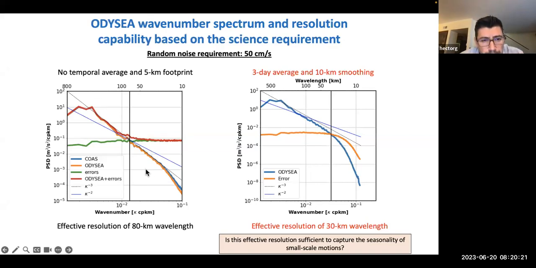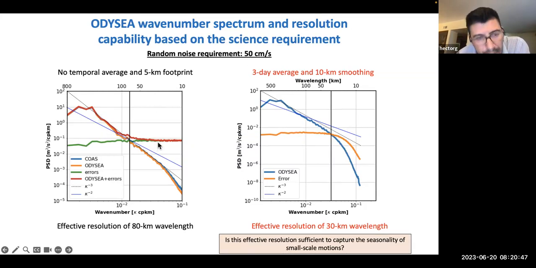effective resolution. For the left panel I'm showing the wavenumber spectrum of the kinetic energy. The blue line is the nature run, the coupled simulation. The orange line is ODYSEA without noise, just considering the spatial sampling of the 5 kilometer footprint. And the 50 centimeters per second random noise error is the green line.